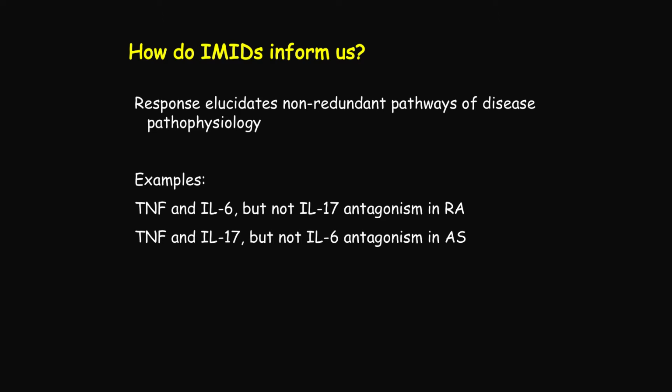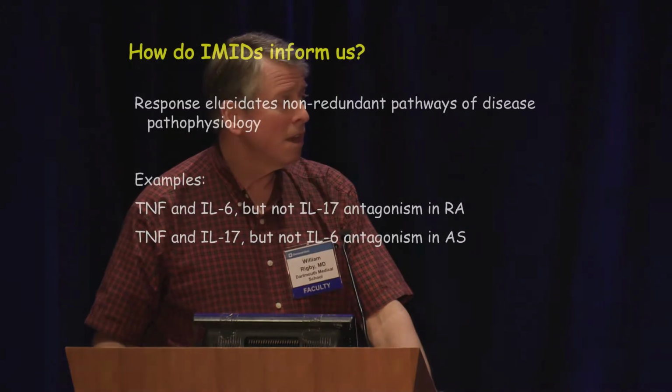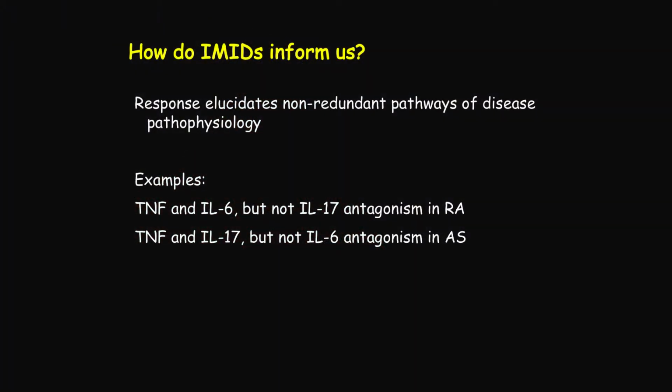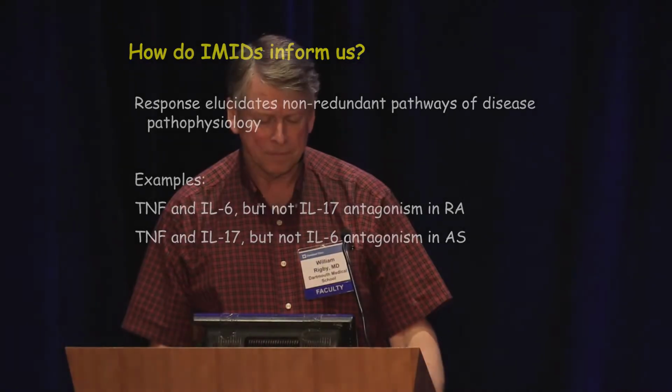That is, if you inhibit them, they improve the disease in rheumatoid arthritis, but not IL-17, or not IL-17 so much. There might be a patient somewhere that responds to IL-17 inhibition, but that's the way it is. And in ankylosing spondylitis, TNF and IL-17 inhibitors are very effective, implying that those two cytokines are very good, but anti-IL-6 therapy has not been shown to have any activity.